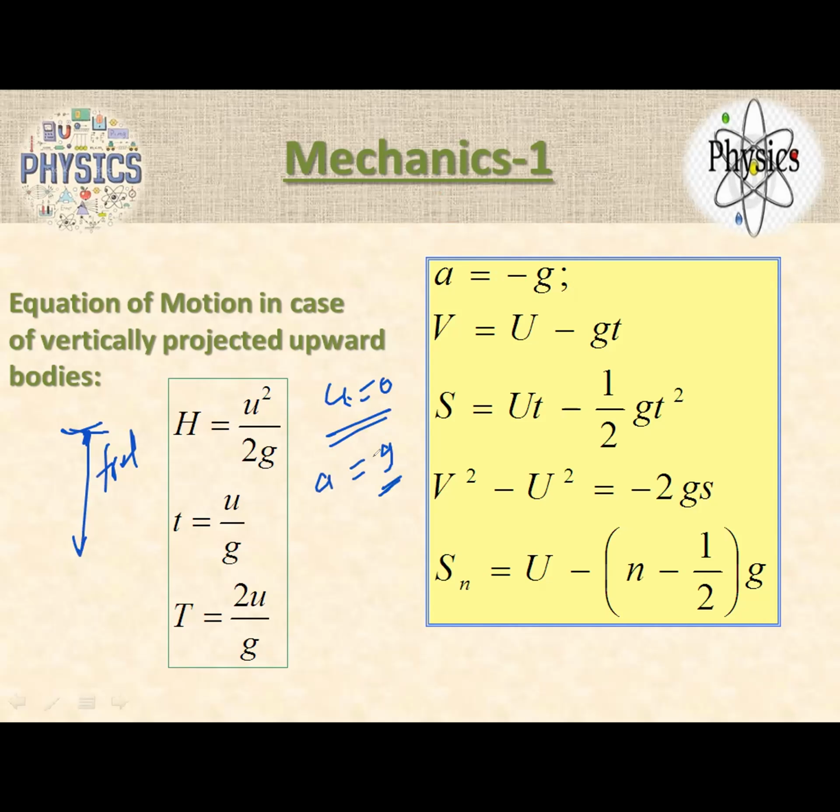You always take a equal to plus g towards the ground. A is equal to minus g when you are throwing an object vertically upward. Now we are doing freely falling bodies motion, so I substitute u equal to 0, a equal to g.